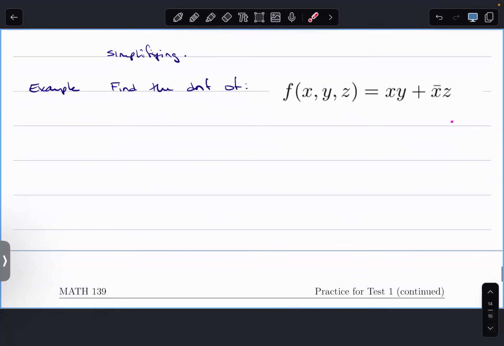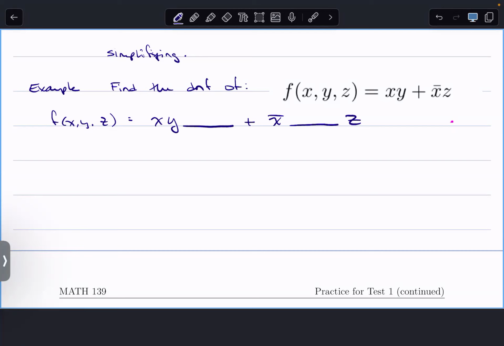So you're going to have f of x, y, z is x, y, and then I'll put a little spot for z, plus x bar and a spot for y, and then z. Making room for each of the terms.